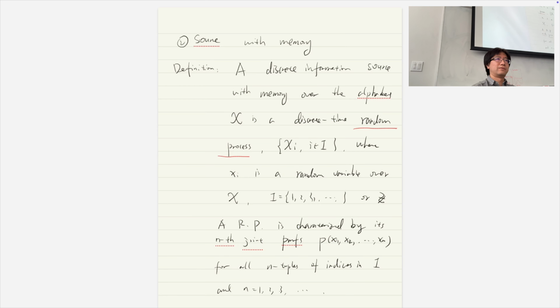So I have a random process, and we have its PMF.